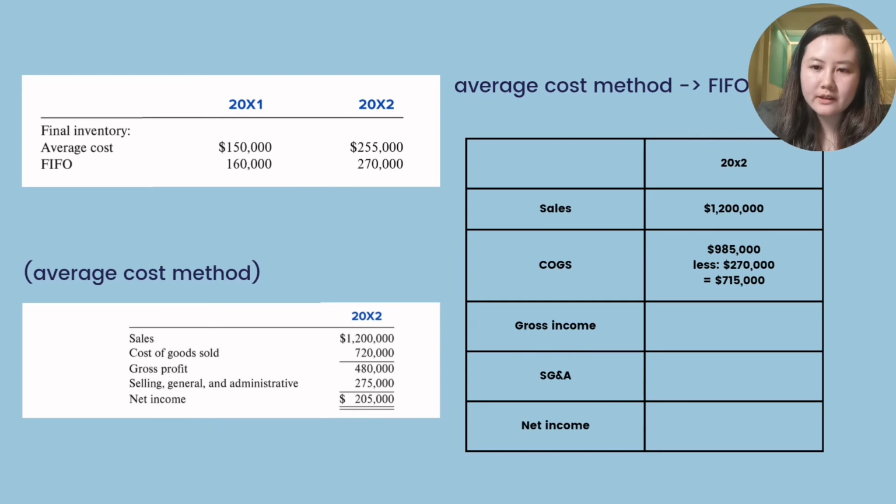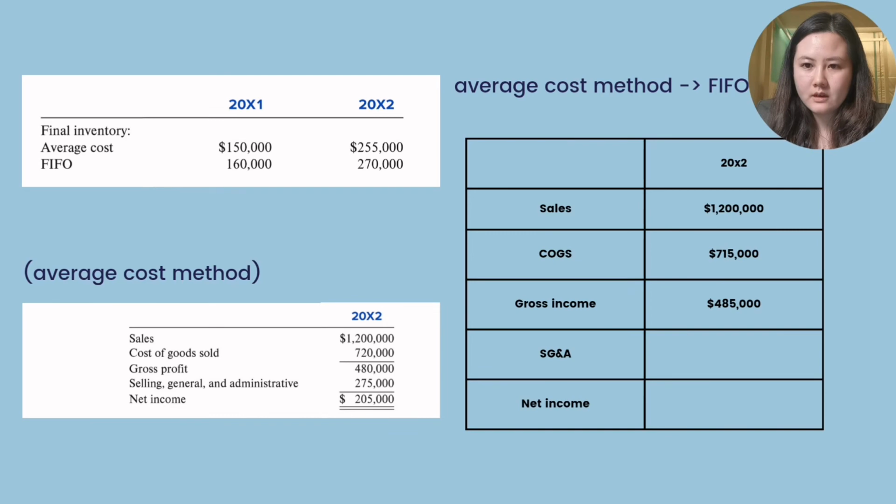Then we subtract COGS from sales to get our gross income. Our gross profit will be $1.2 million minus $715,000, which gives us $485,000. And then, we know that SG&A is not affected and it should stay the same, so this should be $275,000.